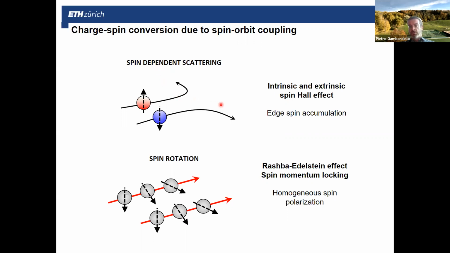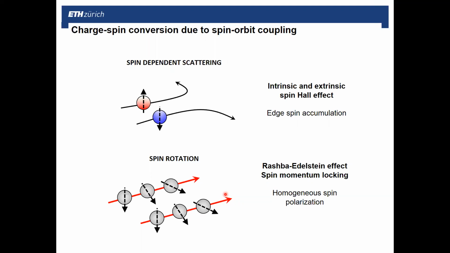Right? And so these effects can be roughly subdivided into two categories. One is spin-dependent scattering, where the trajectory of the electrons depends on the spins, and therefore you can have different trajectories for different spin orientations. And the other category is spin rotation, where you can achieve a uniform spin polarization for electrons flowing in a given medium, for example, in a medium that lacks spatial inversion symmetry.